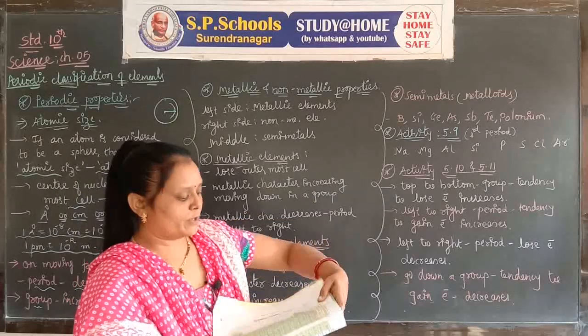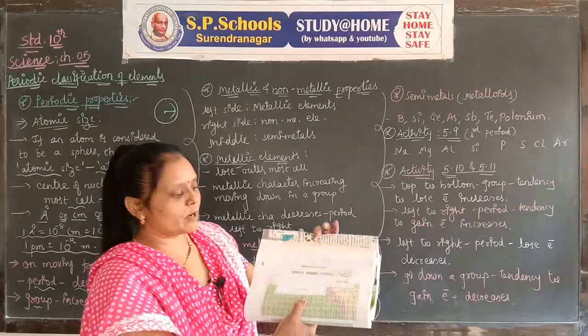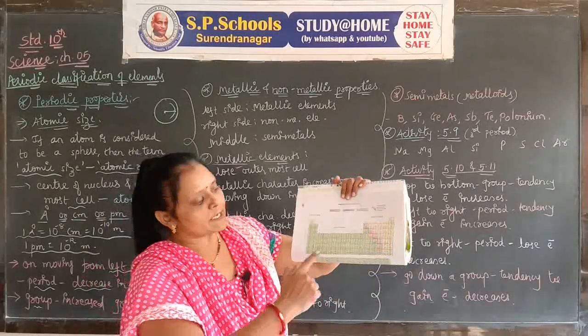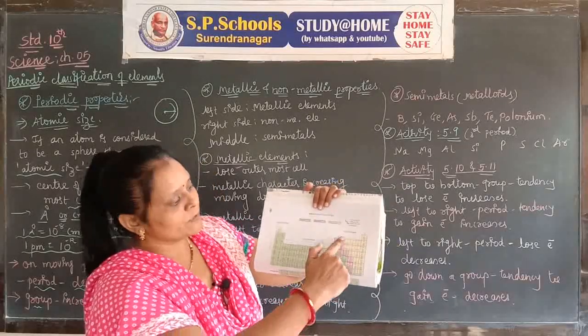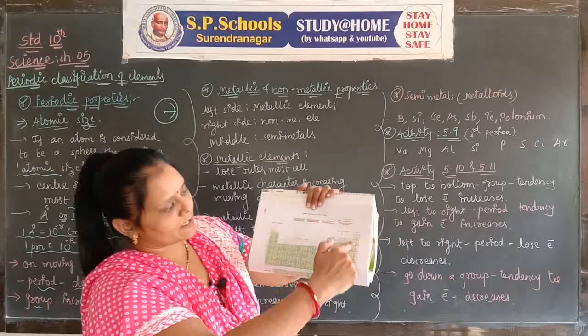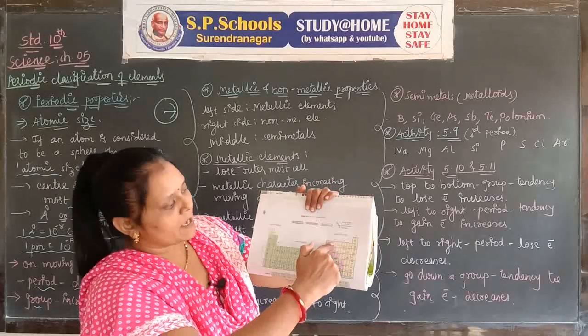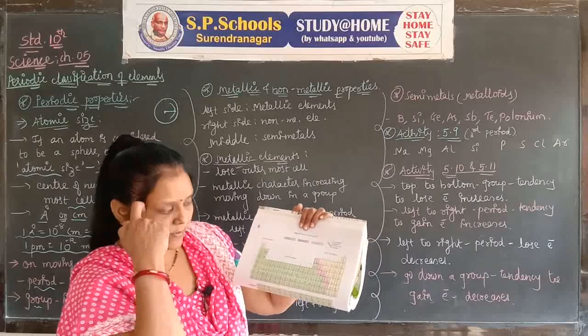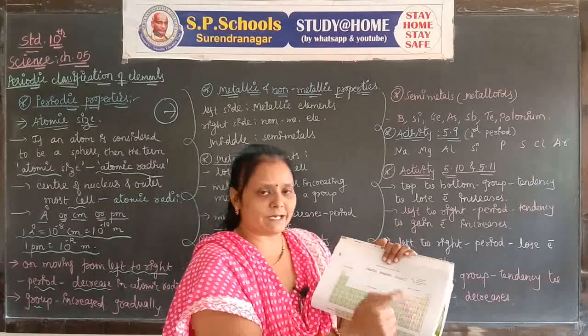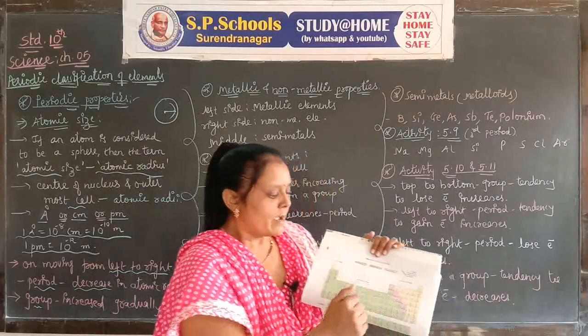You have to open your book to the modern periodic table. Here you see metals, non-metals, and metalloids or semi-metals.